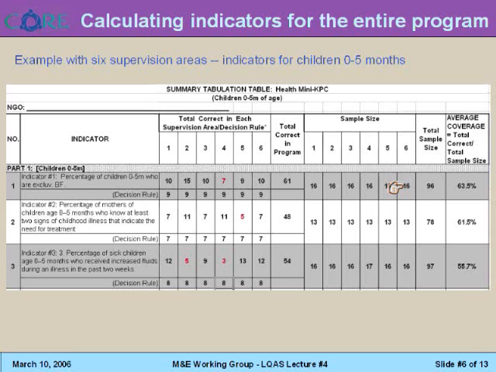So by aggregating the total number of correct responses, which is 61 for this particular indicator, and aggregating the sample sizes for each supervision area, that will give us a total sample size of 96. We will be able to calculate the average coverage for this particular indicator, which in this case would be 63.5%.